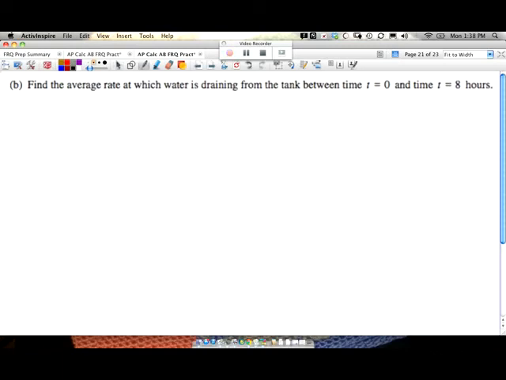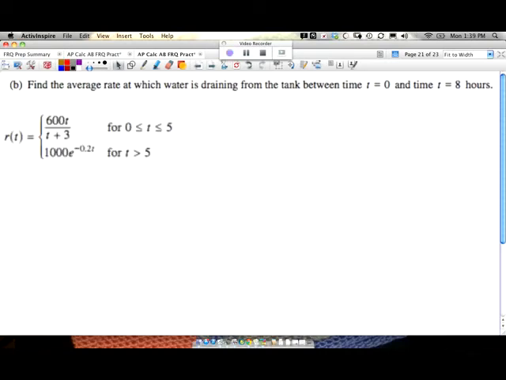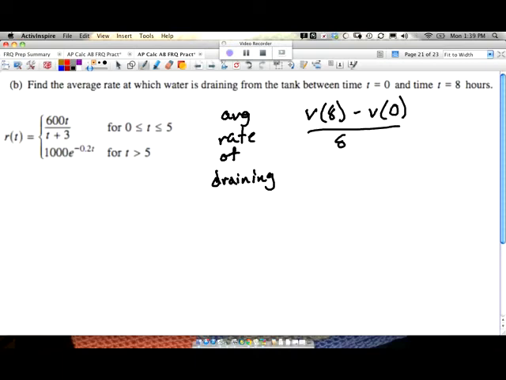Next, find the average rate at which the water is draining. Keep in mind this is the rate, r of t. So the average rate of draining would be the volume at 8 hours minus the volume at 0 hours over 8 minus 0.